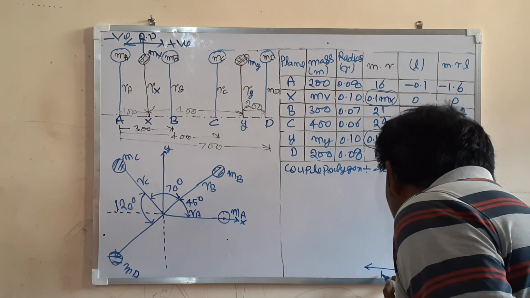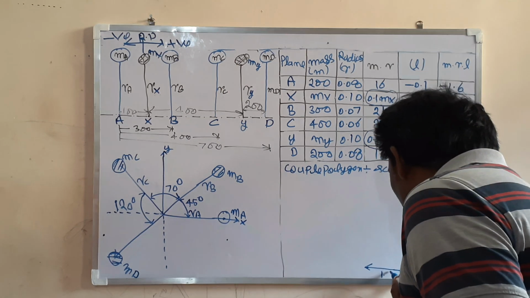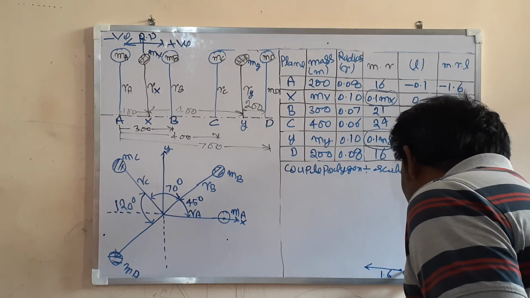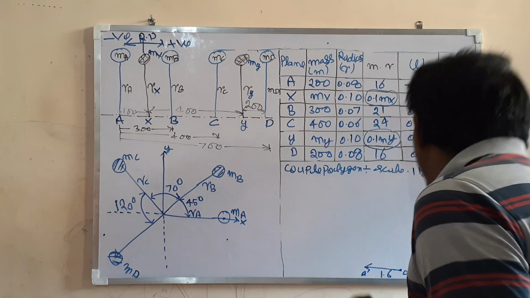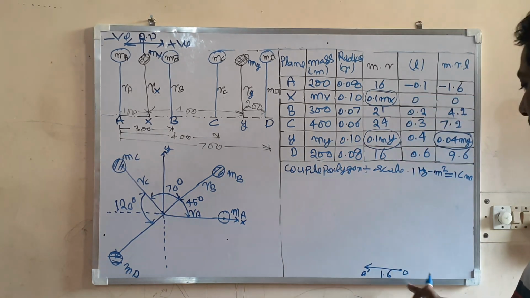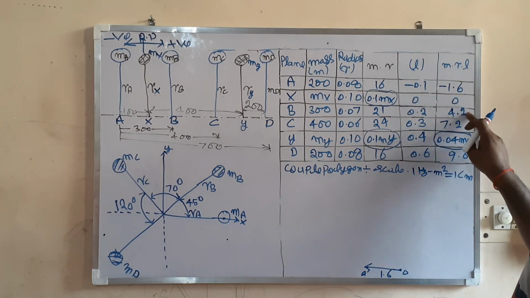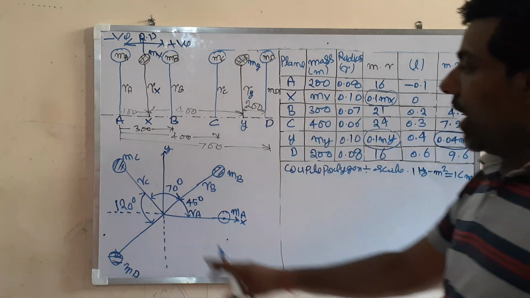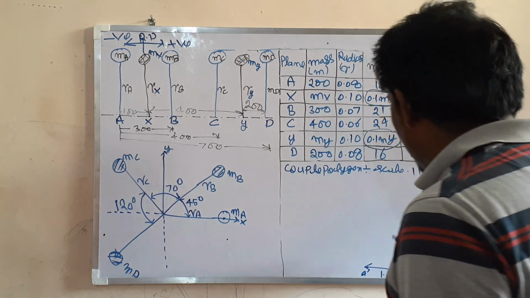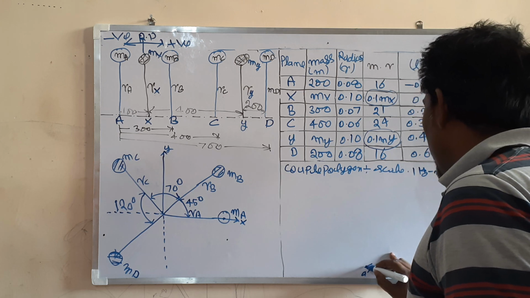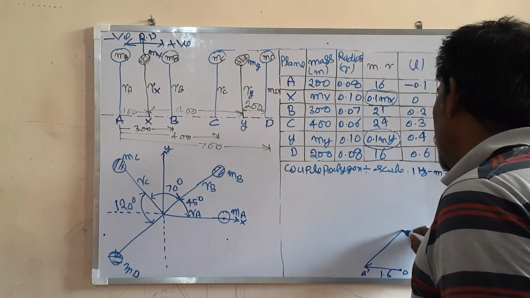So first one is 1.6. This is O, and this becomes A dash. Now the second is 0, the third is 4.2 for B, and B is in this direction, so you go 4.2 in this direction.